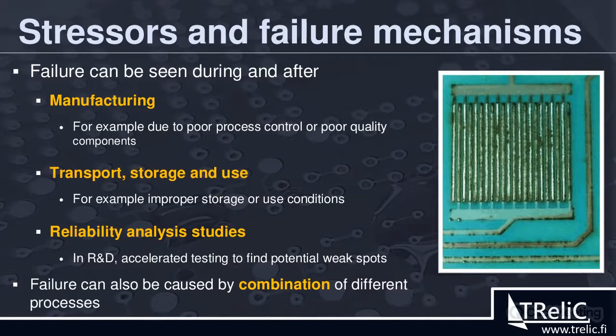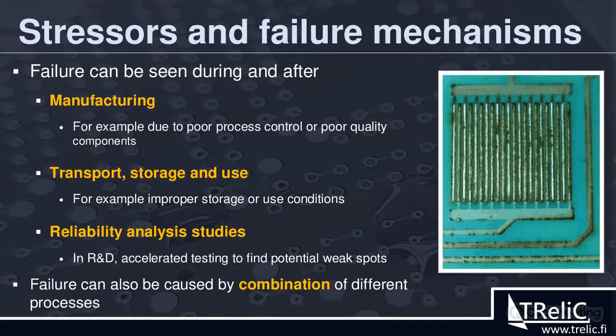And I already talked about this, that we can see the stressors and we can see failures in many different processes. So it is important to consider all the stages of the product's lifetime, whether it's manufacturing, as it says here, for example, due to poor process control or poor quality of components, we can have some failures.